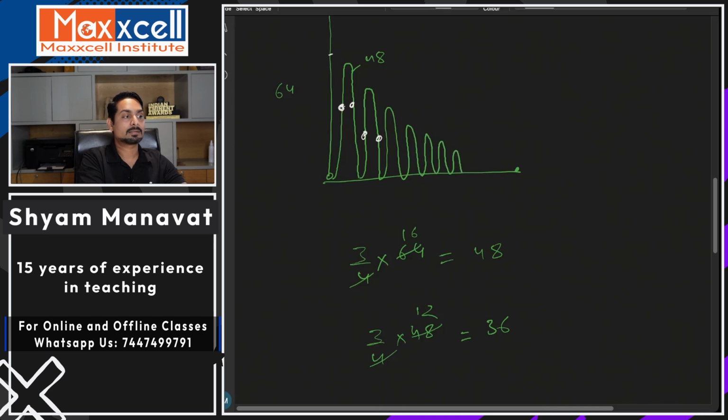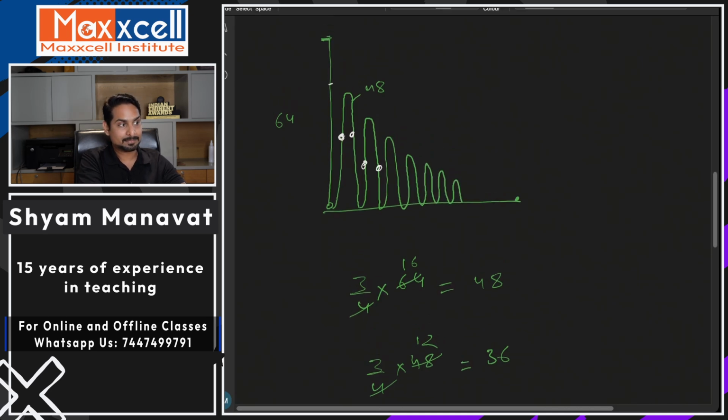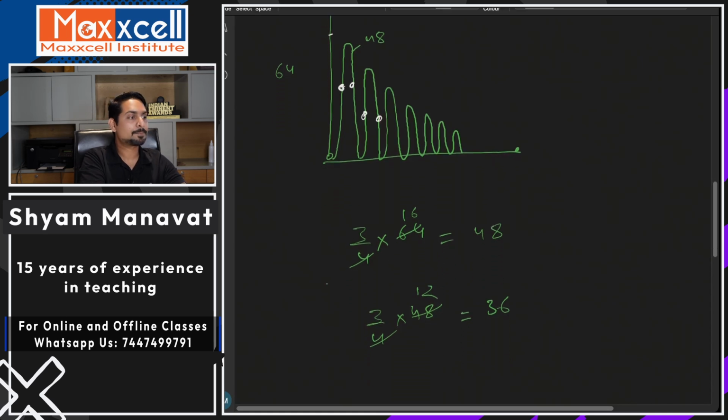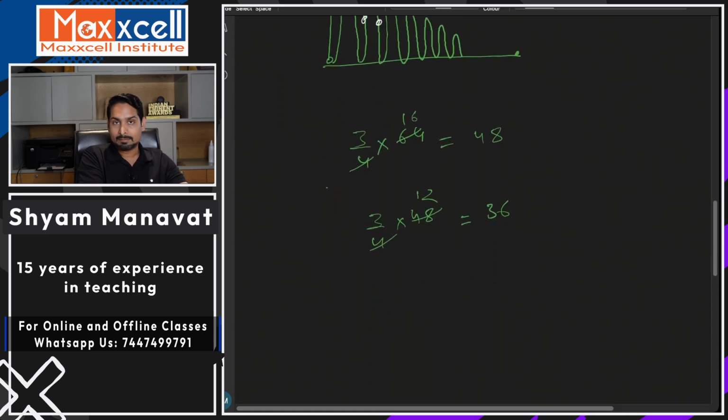We need to find the total distance till the ball comes to rest. So how will we form the series? This 64 will come only once in the sum of the distances, plus this 48 is repeating.